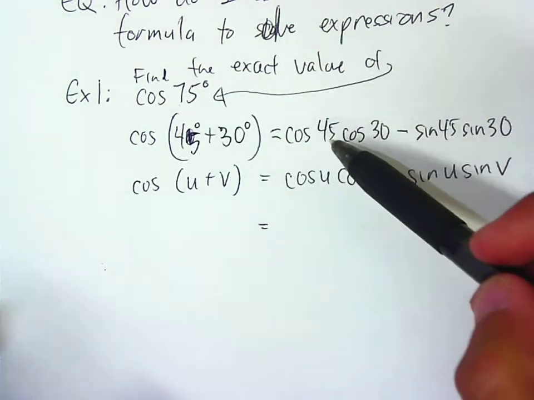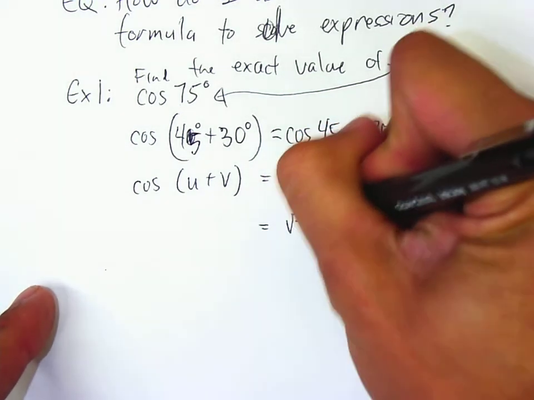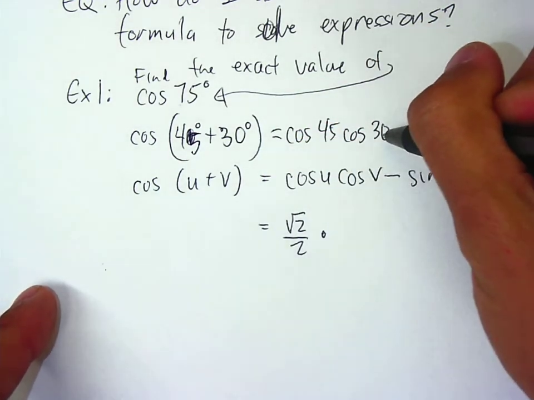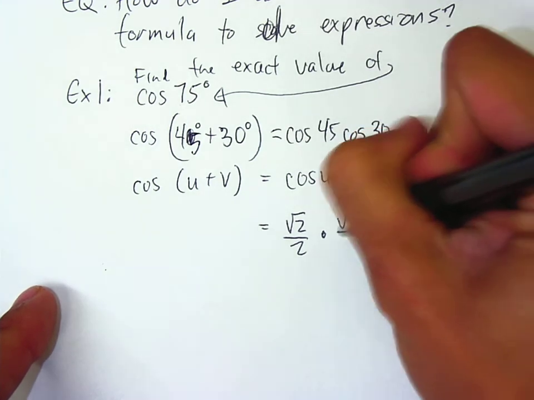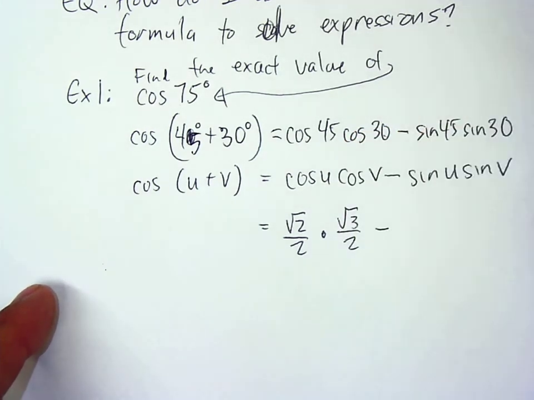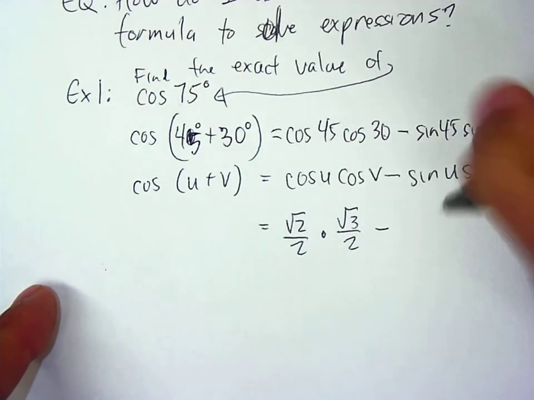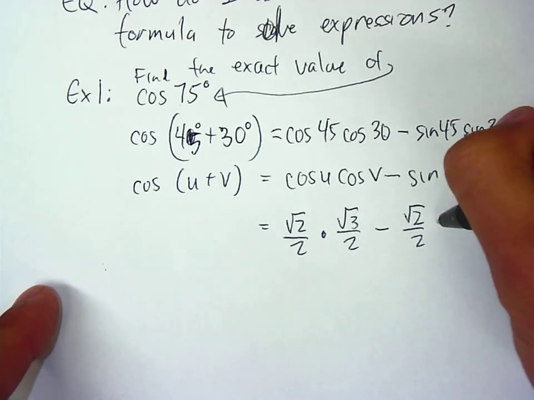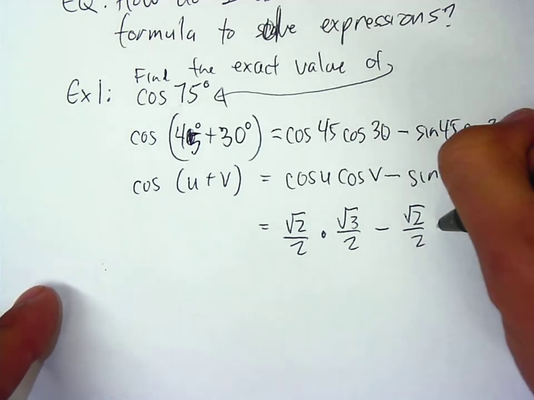So the cosine of 45 is radical 2 over 2 times the cosine of 30 degrees, which is radical 3 over 2, minus the sine of 45. The sine of 45 degrees is radical 2 over 2, and the sine of 30 degrees is 1/2.